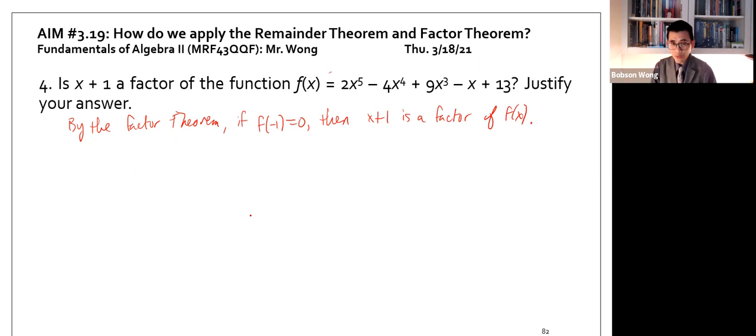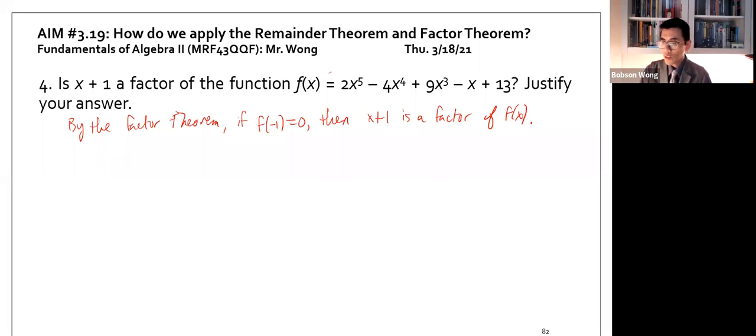And we like to write this sentence just to be really absolutely clear in our explanations. We don't want to say as an explanation, well, we plug in or we substitute negative 1 for x, because that kind of tells us what we're doing, but it doesn't really explain why we're doing it.